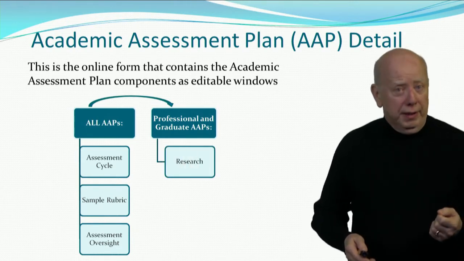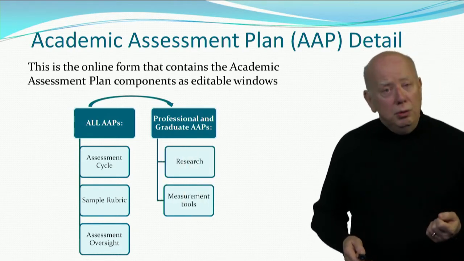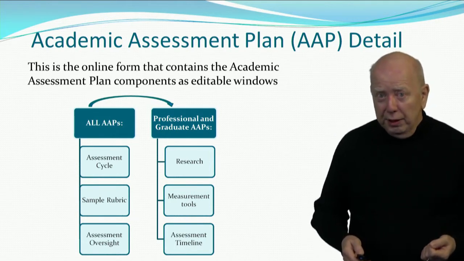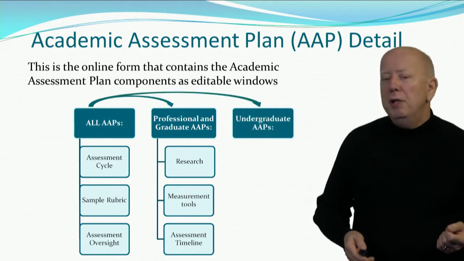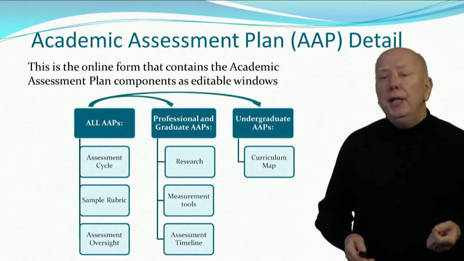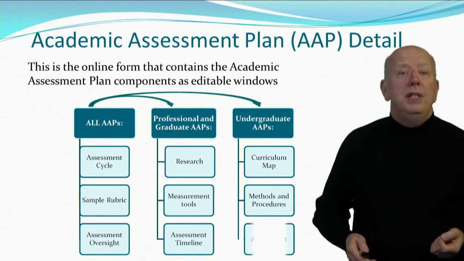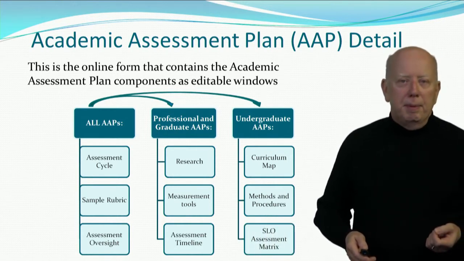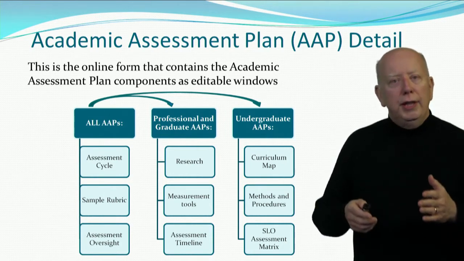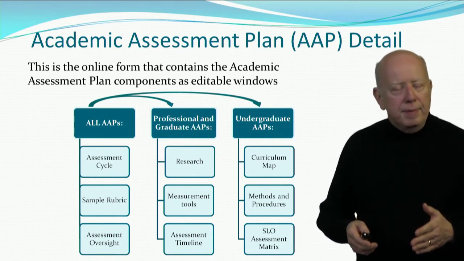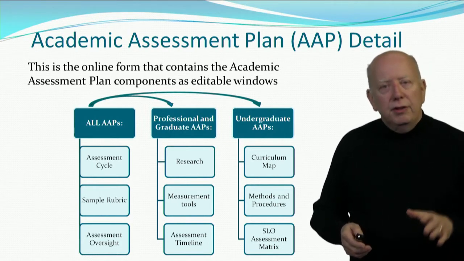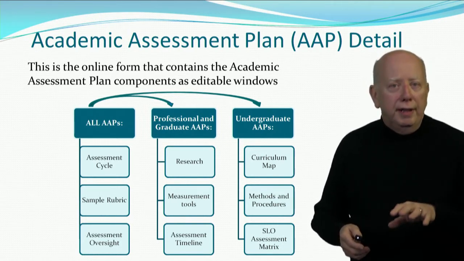One is the research section, the other is the measurement tools section, and then the assessment timeline must also be included. The undergraduate programs have 3 different but also required sections: curriculum map, methods and procedures, and the SLO assessment matrix. Certificates for both graduate, professional, and undergraduate programs must include all of the appropriate sections for their particular level.